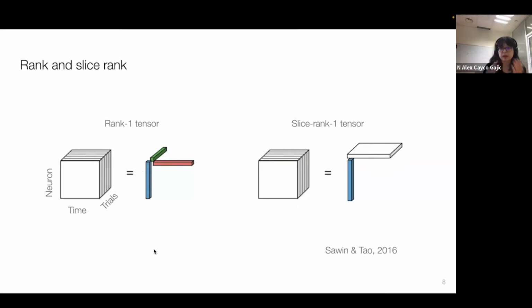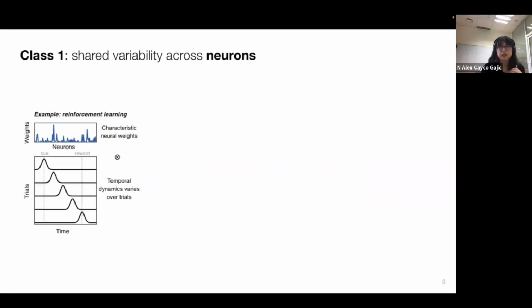Okay, and then of course, depending on which of the 3 dimensions of the tensor is used for the loading vector, there are 3 different types of slice rank 1 tensor that you can imagine in your decomposition. And what we've tried to show is that each of these different slice rank 1 tensors are actually capturing different types of covariability.